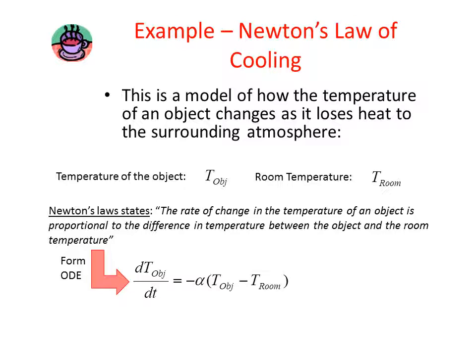Mathematically, the rate of change is denoted by the derivative of T object with respect to time, which is proportional to the temperature difference between the object and the room, denoted by T object minus T room. And since the two quantities are directly proportional, there is a constant of proportionality, alpha.